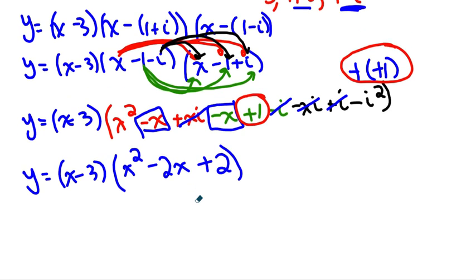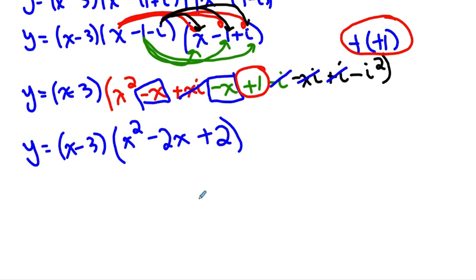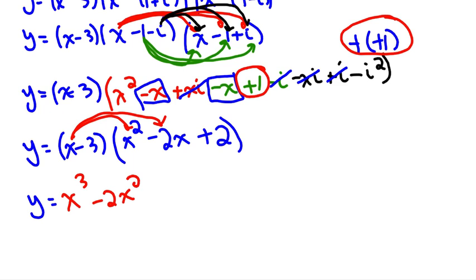All right. So now we're ready to distribute the x minus 3 through that part. So let's do this last step here. So x times x squared, it's going to give us x to the third. X times negative 2x, that's negative 2x squared. And x times 2, that's just a plus 2x.